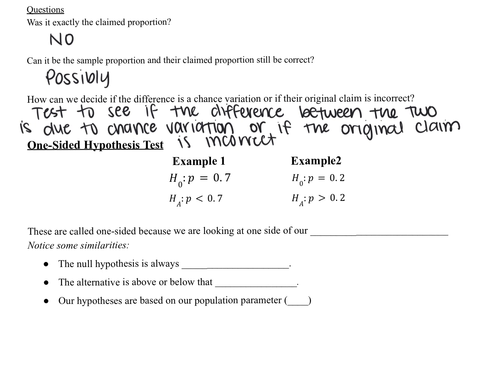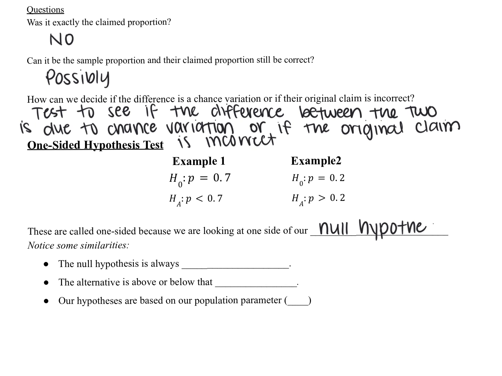Or you could have a null hypothesis of the proportion being 0.2 and your alternative is that it is greater than 0.2. So we're only looking in one direction. Either it's less than or greater than the null hypothesis. These are called one-sided hypothesis tests because we are looking at one side of the null hypothesis.